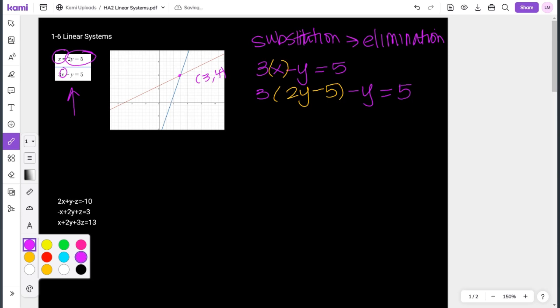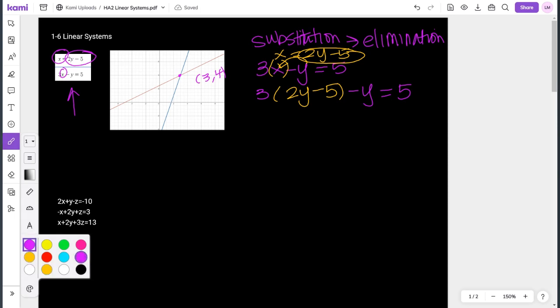Looking at the original equations, we had x equals 2y minus 5 and 3x minus y equals 5, and I took this and put it right there where that x is.